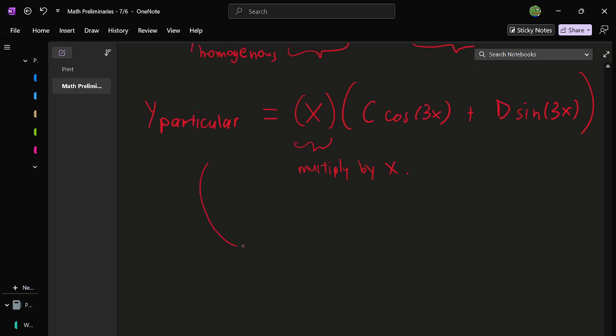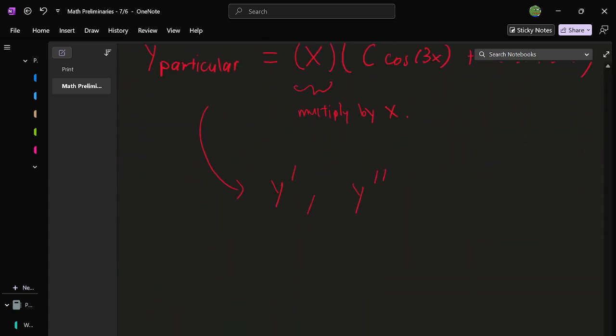So now that you spotted this, it's quite easy to proceed from here. You just need to find y prime, then find y double prime, then you just substitute it back in.